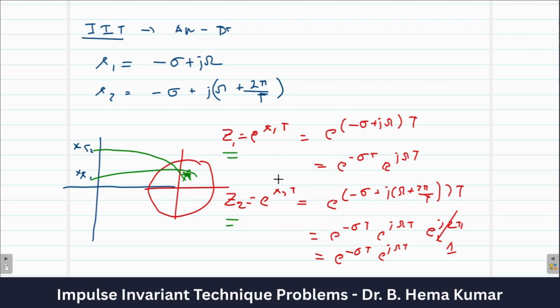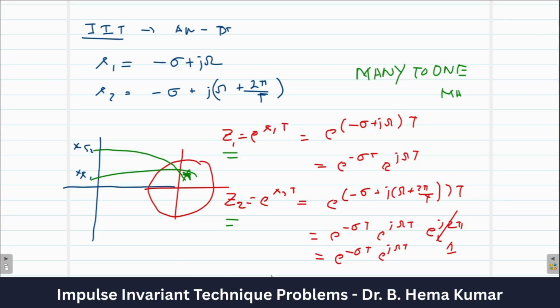For two different poles S1 and S2, Z1 and Z2 are the same. So this is a many to one mapping. So what is the remedy for this? Why do we get this?